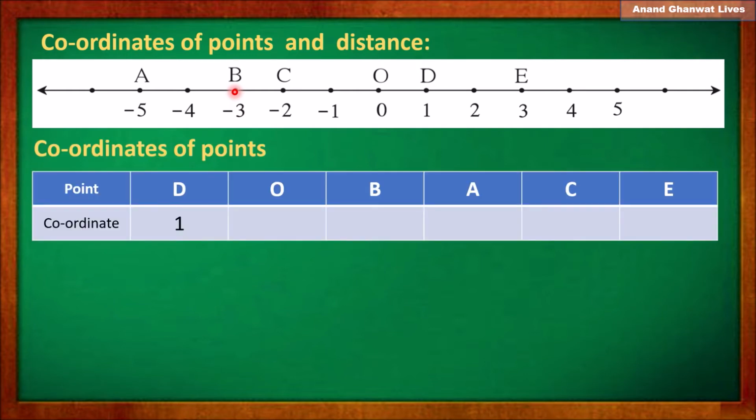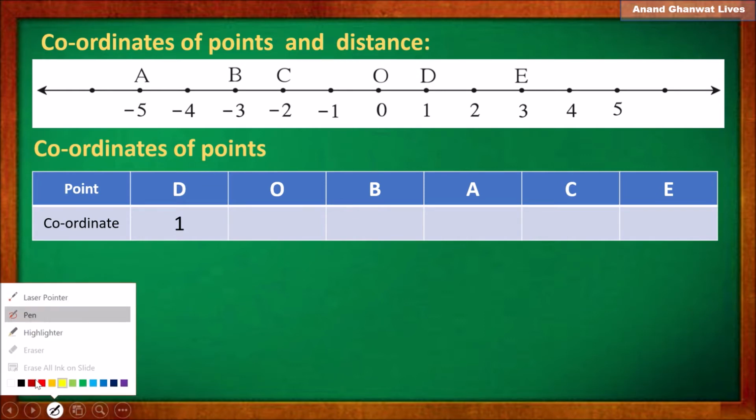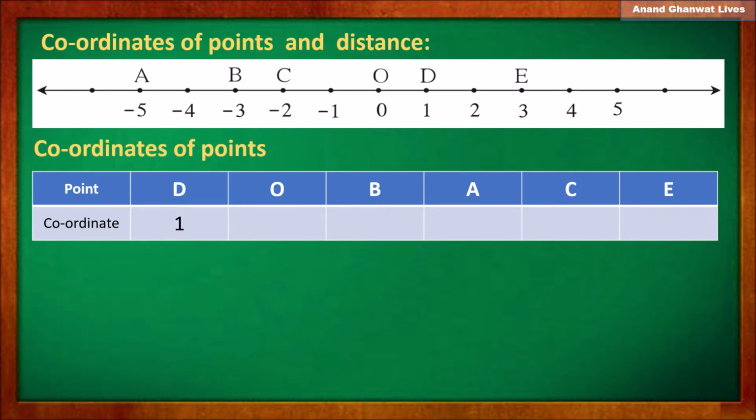Now let us complete this table of point versus coordinates. Suppose point D is given here and its coordinate is 1. Can you tell the remaining coordinates? Coordinate of point O, yes, very good, it is 0.